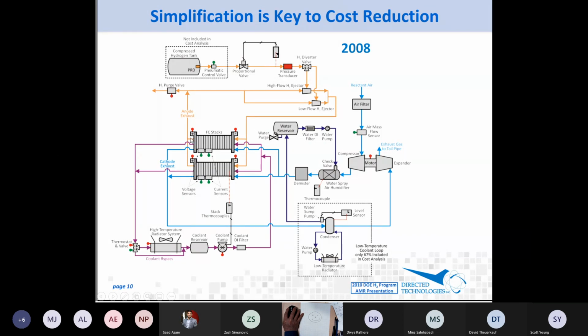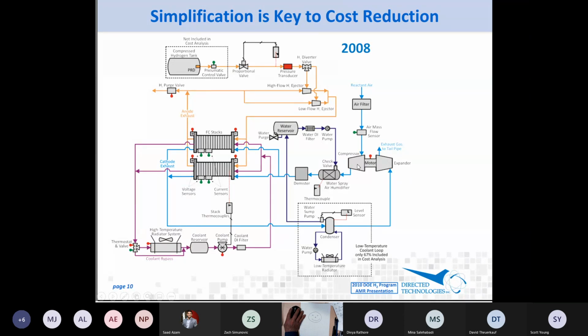And you get exhaust from the anode side, which might still have hydrogen in it, which can come around, be fed back in and sent back to the fuel cell. Then they've got a water reservoir, a water pump, a water spray air humidifier.